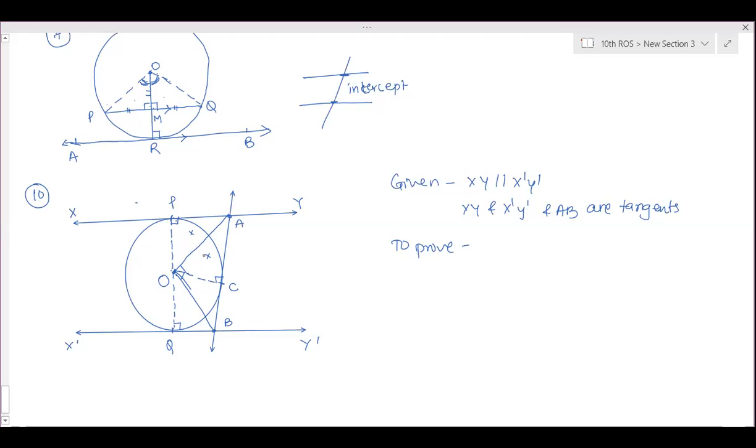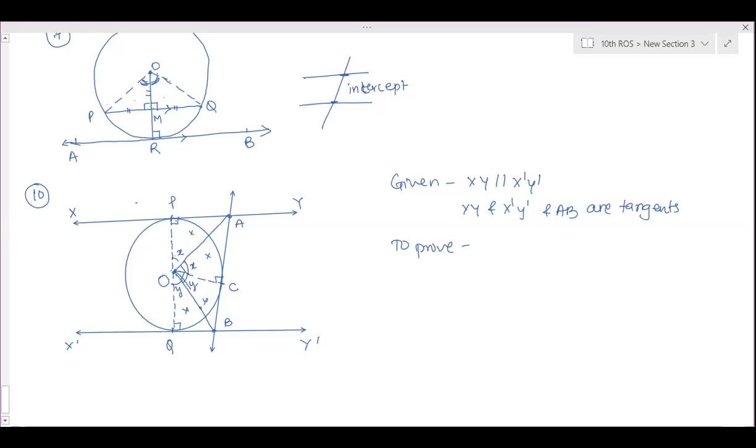So by congruency, this angle and this angle will be equal by CPCT. Similarly, this angle and this angle are also equal by CPCT.